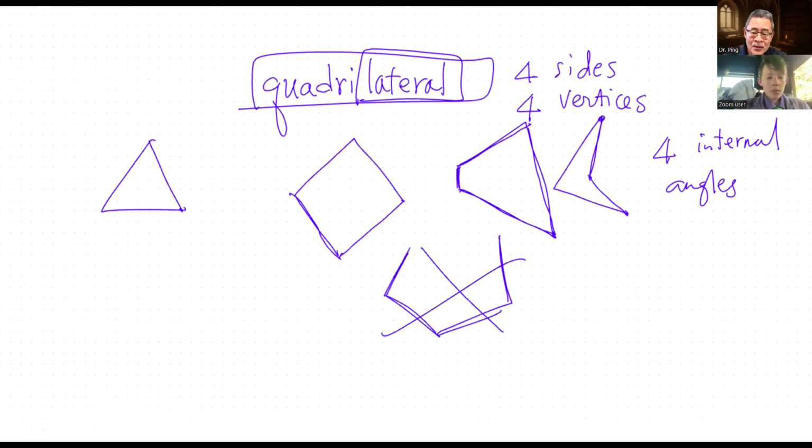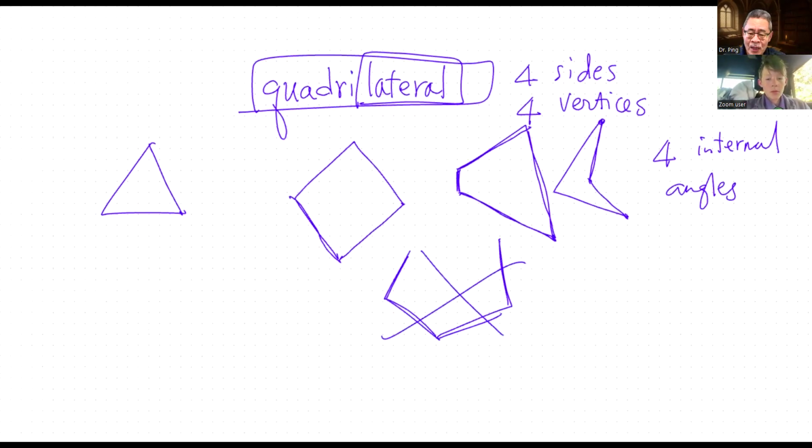Quadrilaterals also have this property that they have two diagonals. One is from here to here. One is from here to here. It's called diagonals. And this one, same thing. You could have from here to here is one, and from here to here is another. So they also have two diagonals. Good.